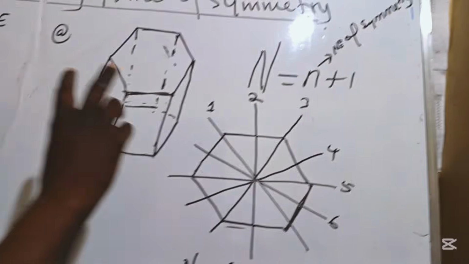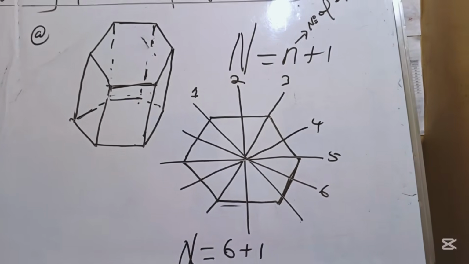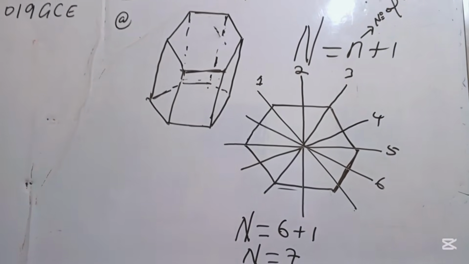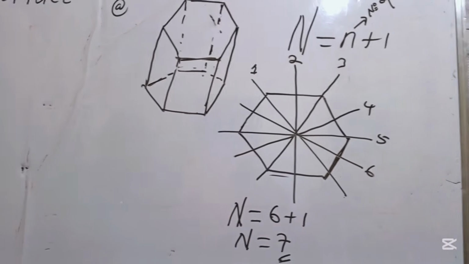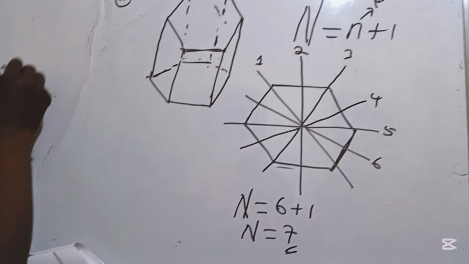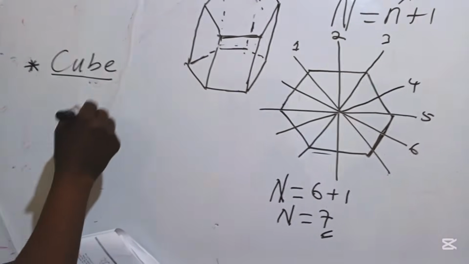Now, before that, there is only one shape which I should emphasize in the next lesson, which you have to be careful with. And this shape is called a cube. So we'll be looking at a cube. I'll put a star. Now this cube, ladies and gentlemen, looks like a die. We are looking at the symmetry, and they are asking how many planes of symmetry.